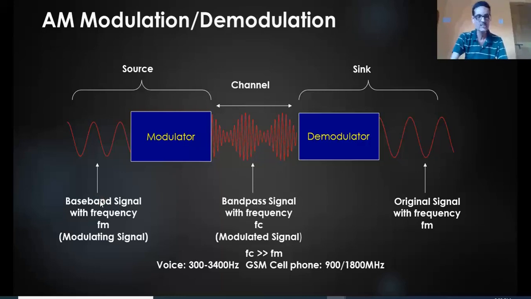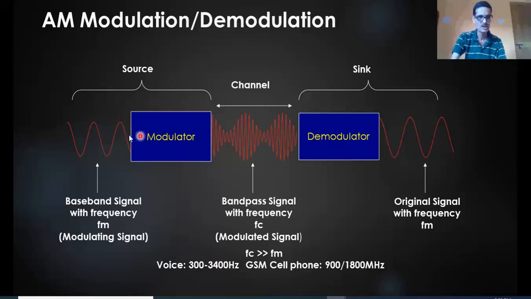For example, the audio band extends from 20 Hz to 20 kHz, and the voice band is roughly 300 to 3000 Hz, practically taken as 3400 Hz. So most of the signals are low pass: baseband, original signal, message signal, or modulating signal.